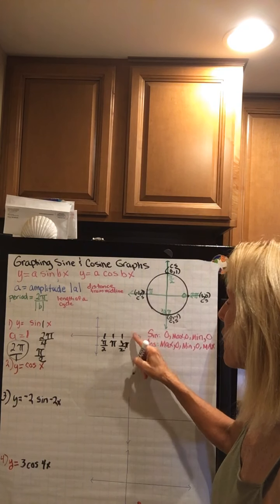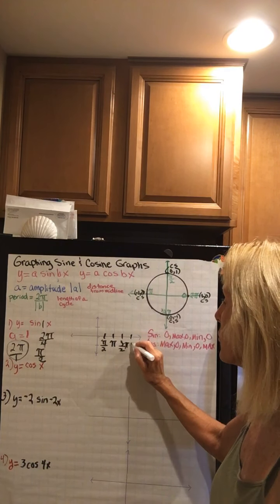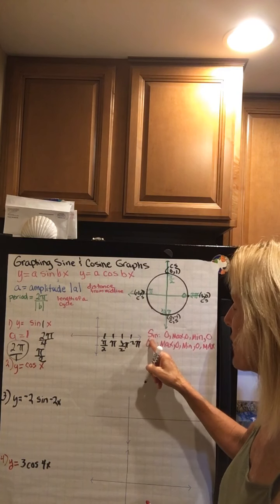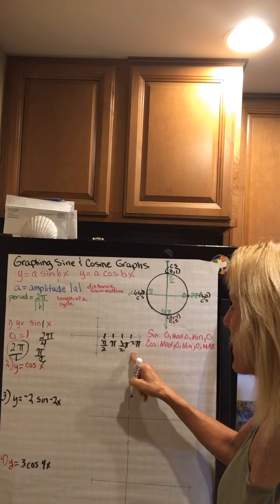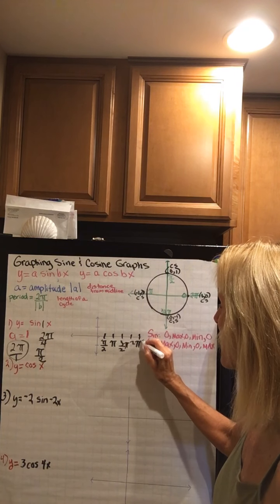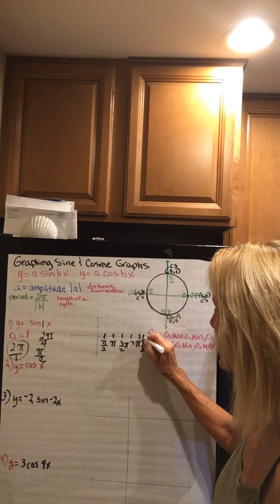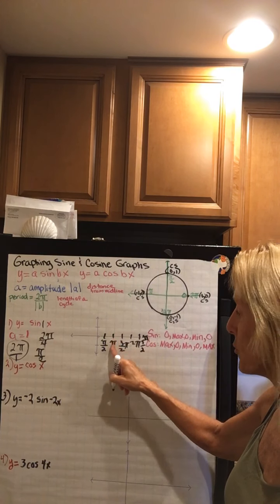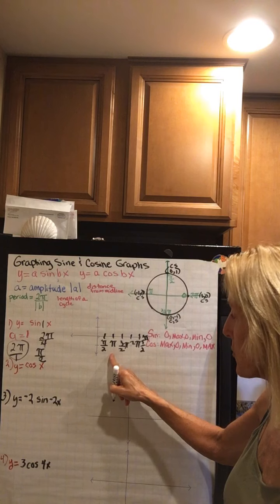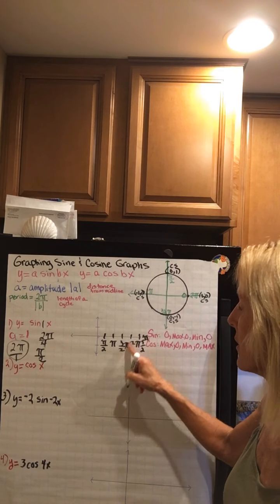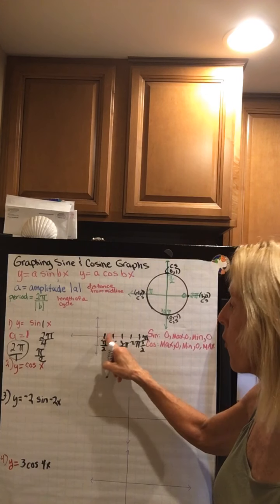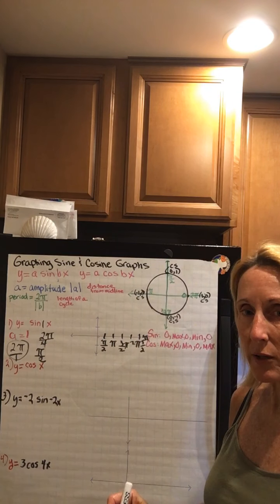And this would be 4/2 pi, which equals 2 pi. And of course, if I kept going, the next one would be 5/2 pi, and I really don't want to write on that. So 1/2 pi, 2/2 pi, which is pi, 3/2 pi, 4/2 pi, which is 2 pi. But you only need to go to 4 to make a complete cycle.